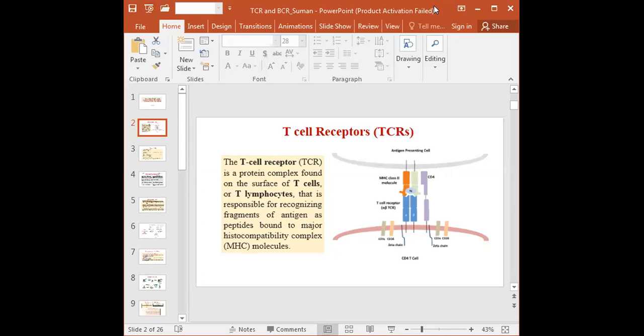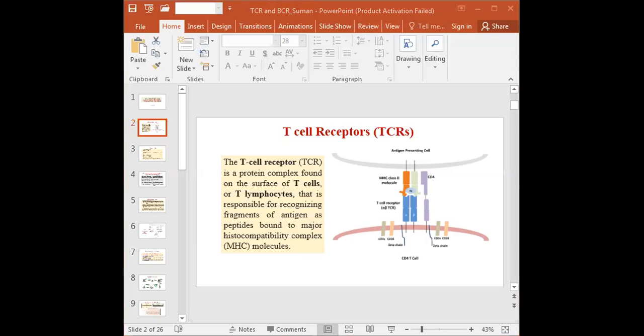Therefore, it is not surprising that its antigen receptors are also highly specific in their interaction with the antigenic determinants of the pathogens. These antigen receptors are called either B cell receptors or T cell receptors, depending on whether they are found on the surface of B cells or T cells respectively.